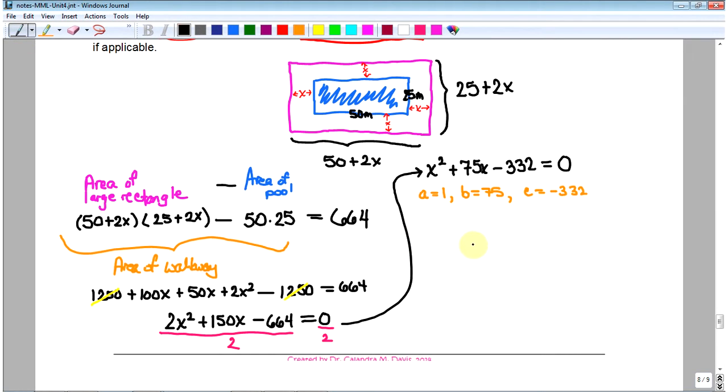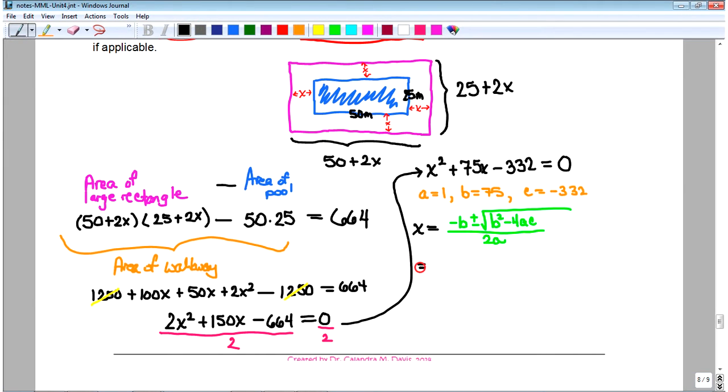So applying our formula, x is equal to, let's write that formula out, negative b plus or minus the square root of b squared minus 4 times a times c, all divided by 2 times a.